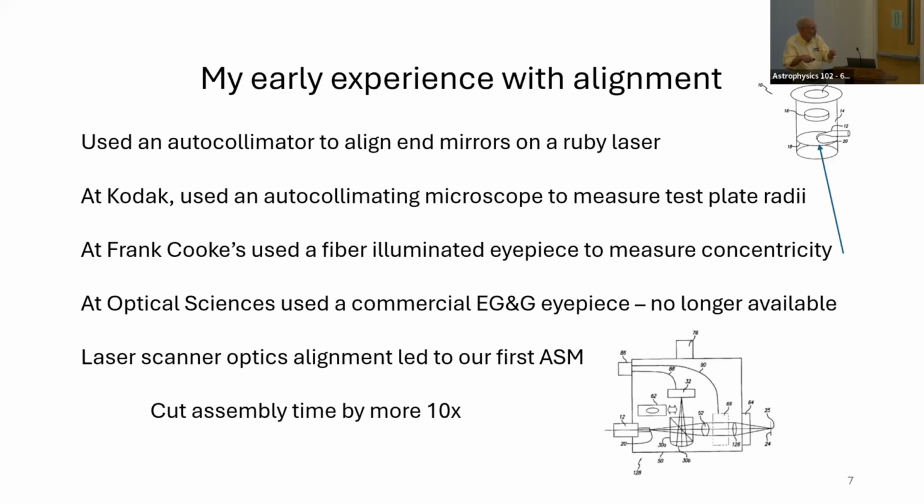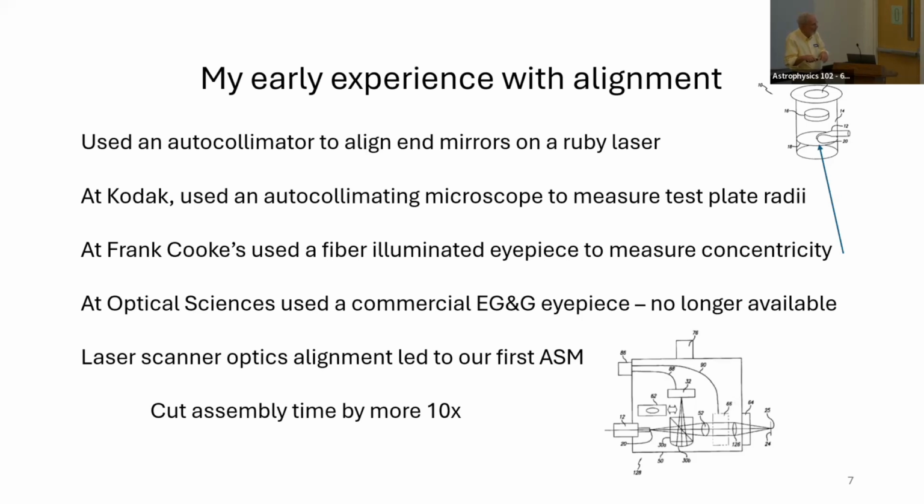When you had the fiber at the center of curvature of those concentric domes or surfaces, if the two spots from the two surfaces came back on top of each other, you knew you had the concentricity. And with a filar eyepiece in there, you could tell how far they were misaligned. So it's extremely easy to do optically, where mechanically it's been very difficult.